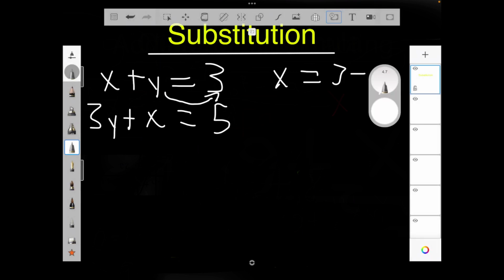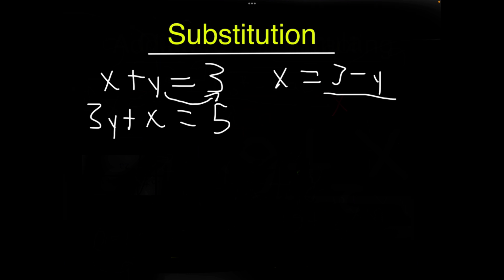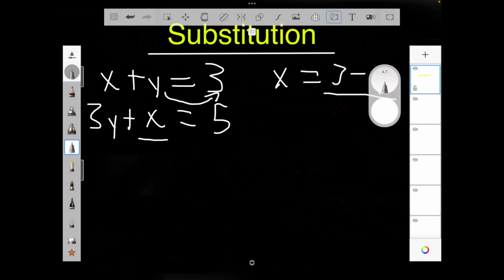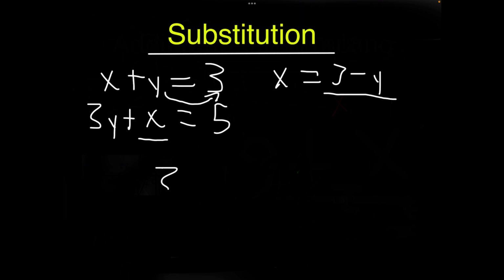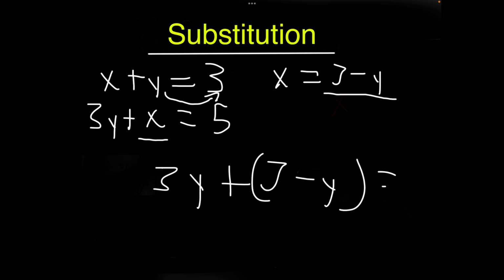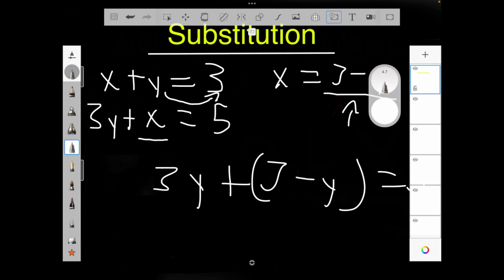If we know that x equals 3 minus y, can't we just substitute it in for here? So what I'm saying is, since we know that this is x equals 3 minus y, we could basically just put 3y plus 3 minus y equals 5. Because if this means the same thing as x, why can't we just substitute it?